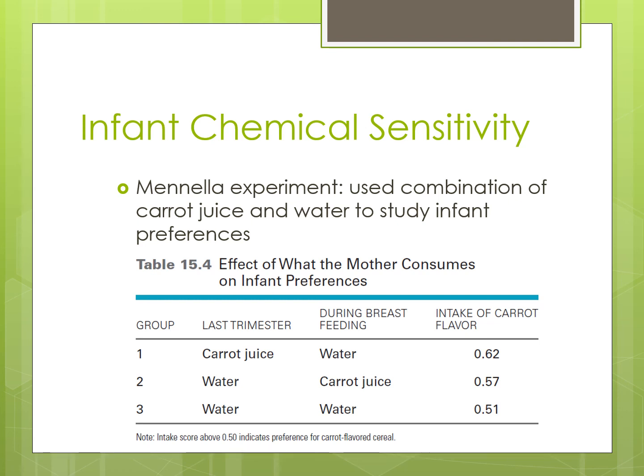So clearly it was during all of that time that infants were able to taste the carrot juice. I'll say taste and smell, since it goes up through the retronasal route, the nasopharynx, and so it's the flavor.